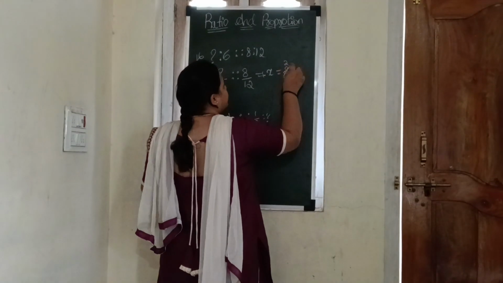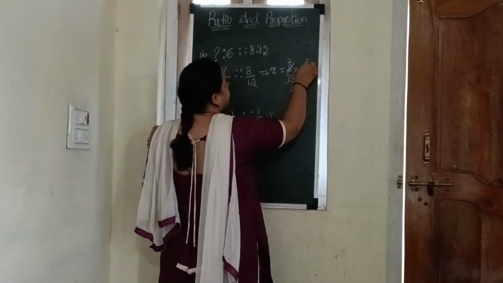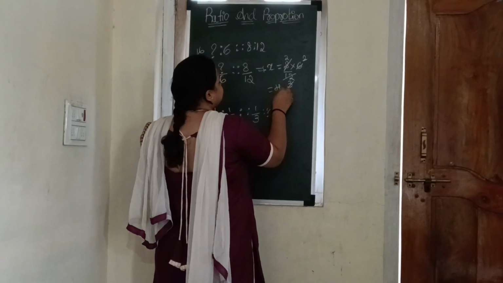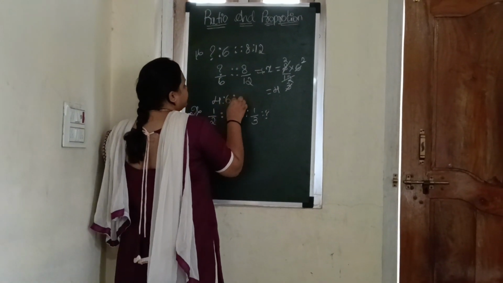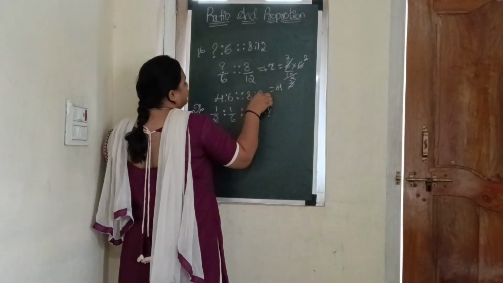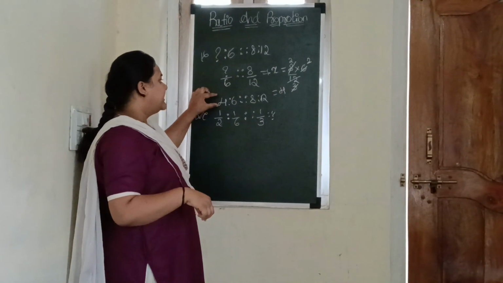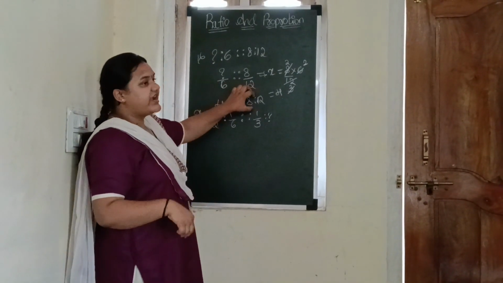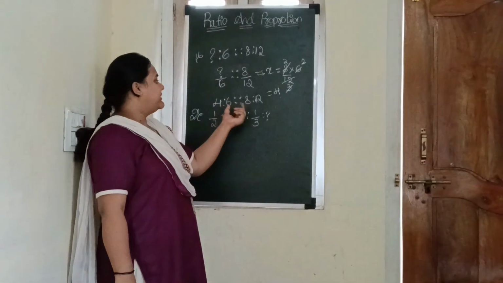So the x term is 4. So the final answer is 4:6 is 8:12. So we'll do one trial. If we write what we have told in the proportion, the two ratios will be equal.